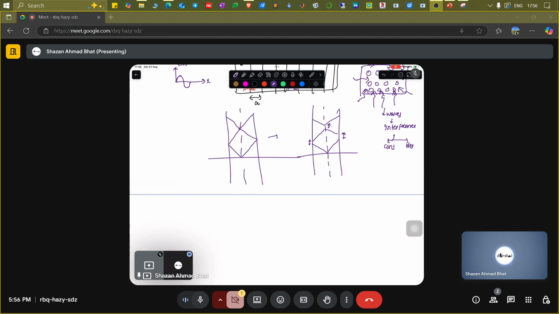The values which are not accepted undergo destructive interference. That gives rise to a band gap. Constructive interference gives rise to the allowed values of the energies. That is as simple as that.